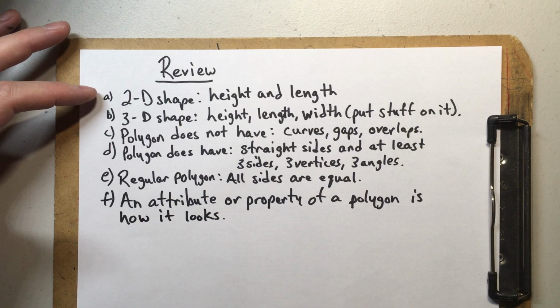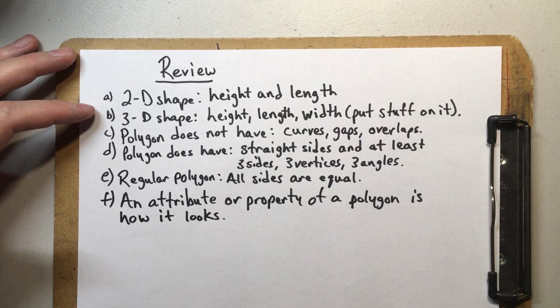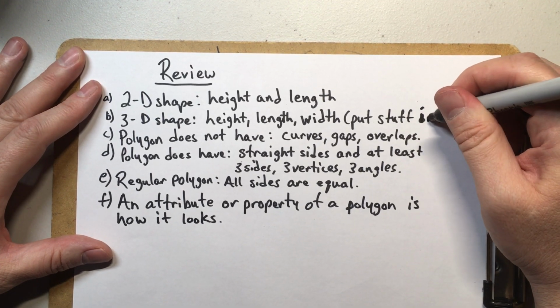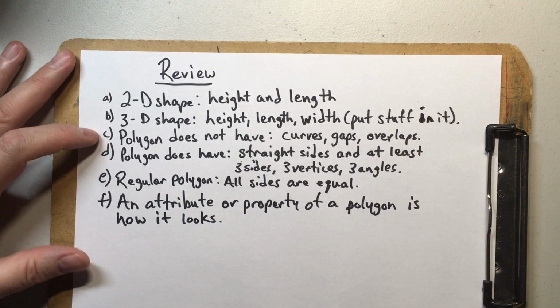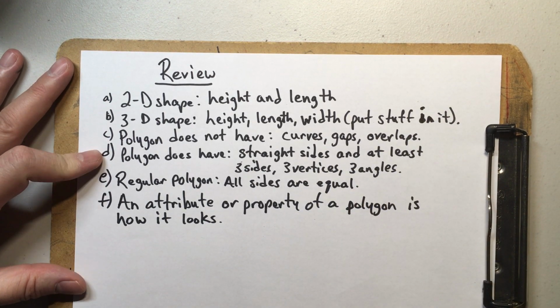Review. A 2D shape has 2 dimensions, height and length. A 3D shape has 3 dimensions, height, length, and width. And you can put stuff in it, like a container. Not on it, in it. That's why we review the review. A polygon does not have curves, gaps, or overlaps.